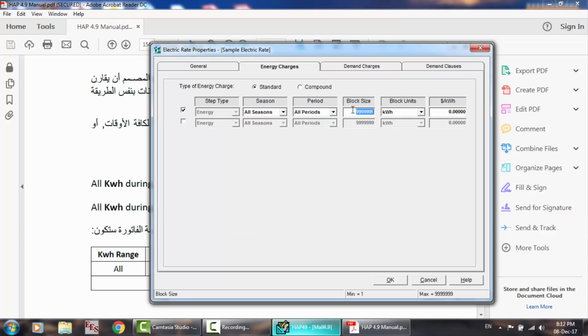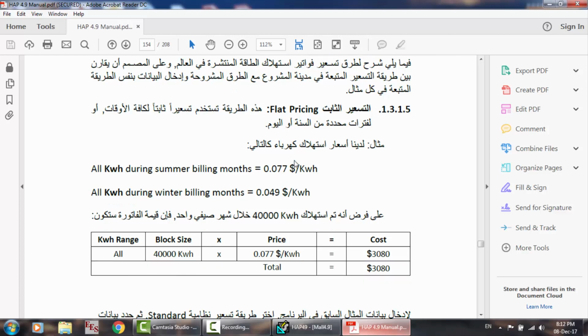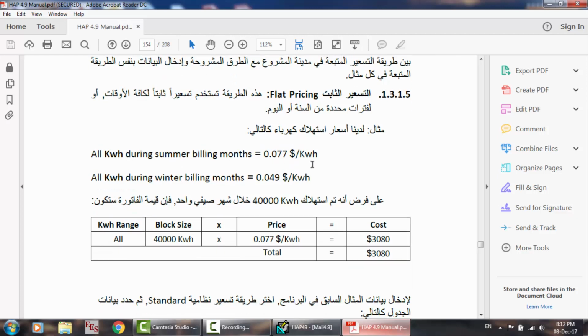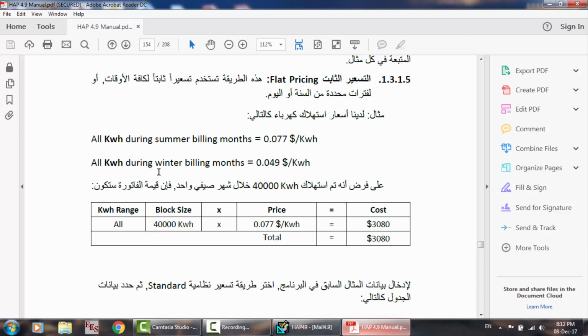So for the block size, what is the block size? Suppose that we have a price in dollars per kilowatt hour during the summer billing months like this, and a price per kilowatt hour during the winter billing like this.